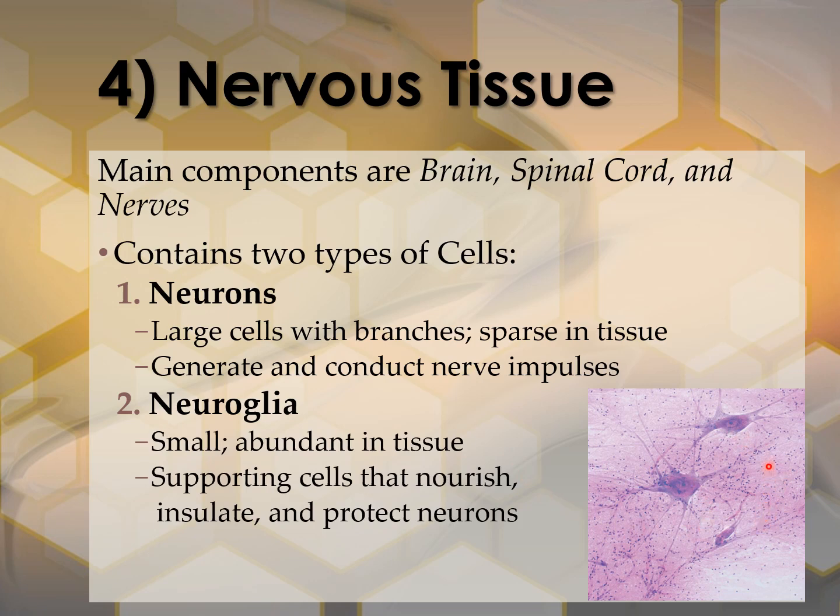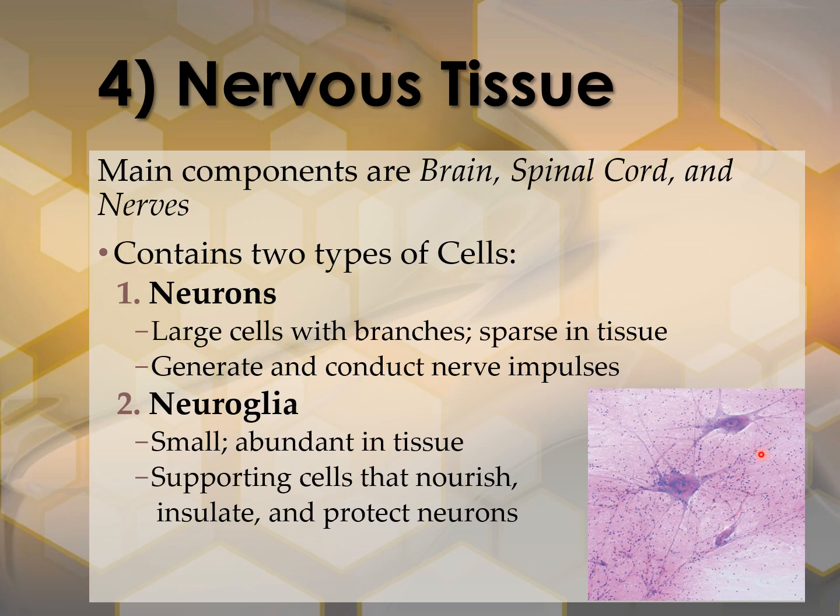Okay, and neuroglia are the supporting cells. They're going to help support the neurons. Okay, so they're very small, but there are many, many of them. They definitely outnumber the neurons in the nervous tissue. And what they do is they help to nourish, insulate, and protect those neurons.